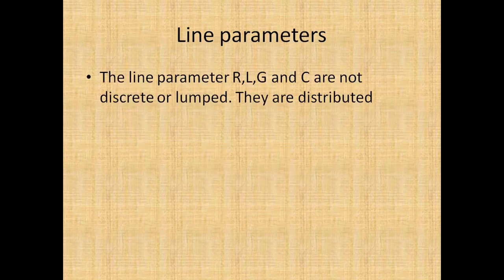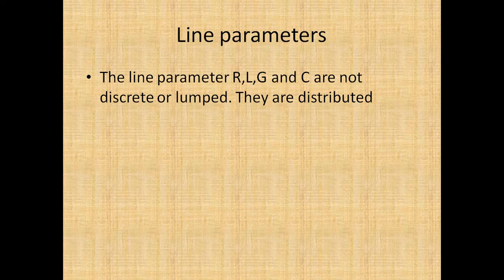Now what are the parameters of the transmission line? Generally R, L, G and C, meaning resistance, inductance, conductance and capacitance, are the parameters for the transmission line.